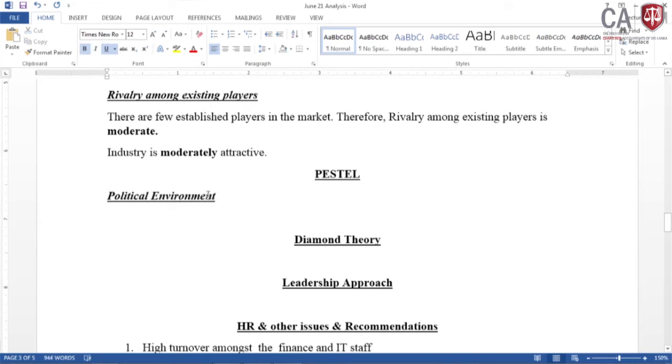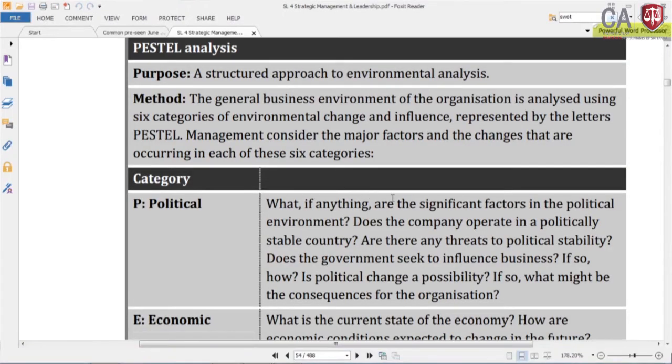So, what do you think about the political environment in Sri Lanka? What are the factors we have to look at?